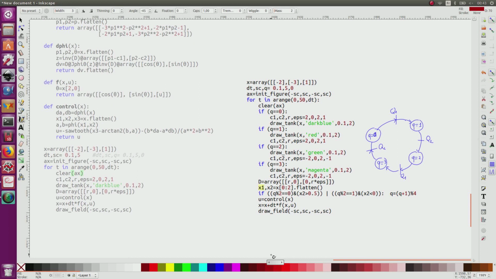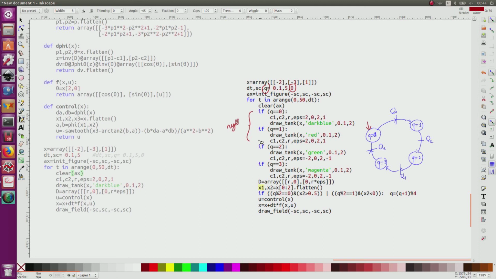To program the automata with Python, I first initialize q to 0. So it means that I start here at q equals 0. Then I have 4 states. If q equals 0, then I follow the circle on the right, and also for q equal to 1.